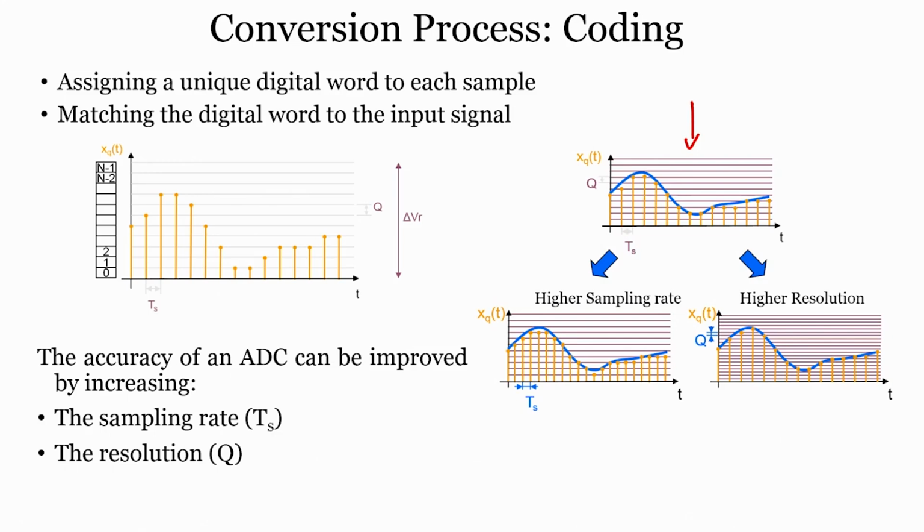By increasing the sampling rate, meaning how many times you sample, if I have an even smaller Ts, I have a higher sampling rate, which will form my analog signal in a better format. So I can reconstruct my signal in a far better format. The same goes for higher resolution: the higher the resolution, the better the accuracy of the entire system.